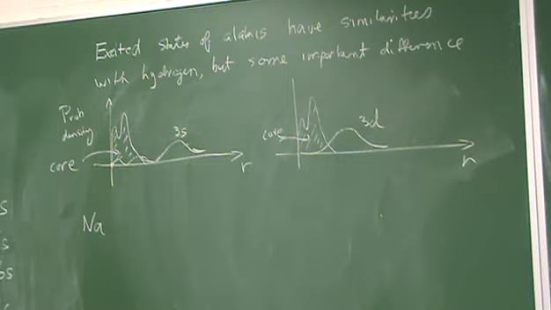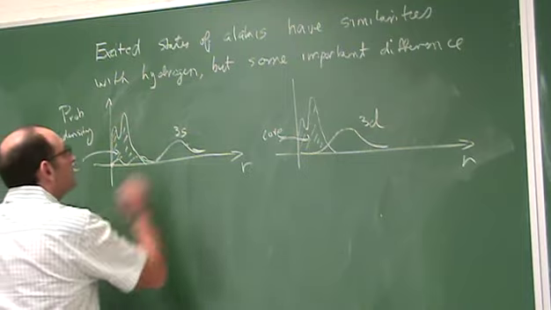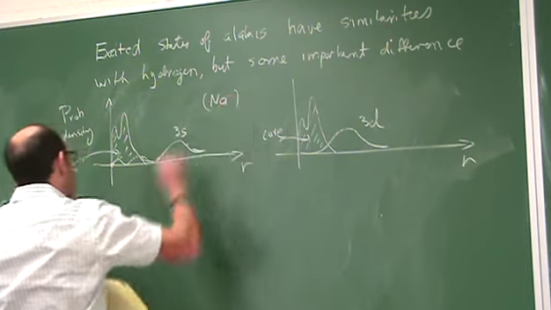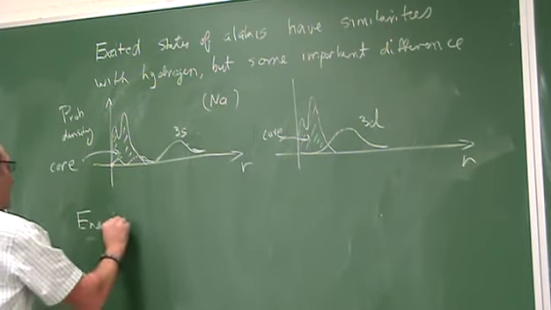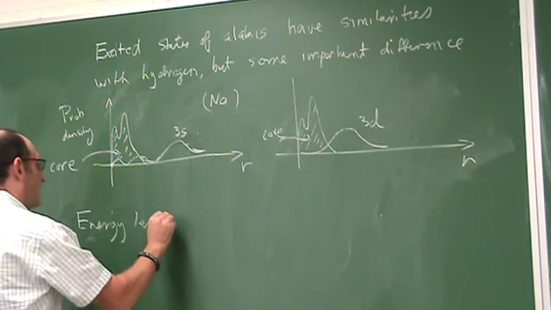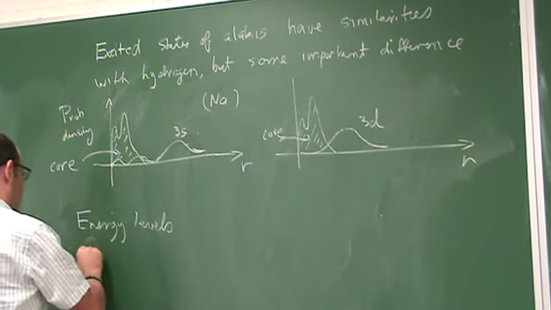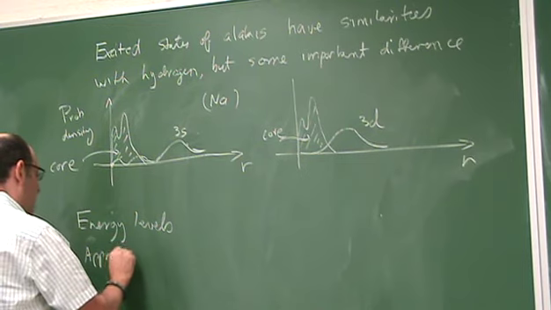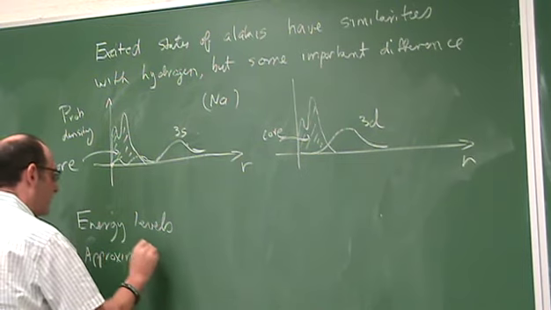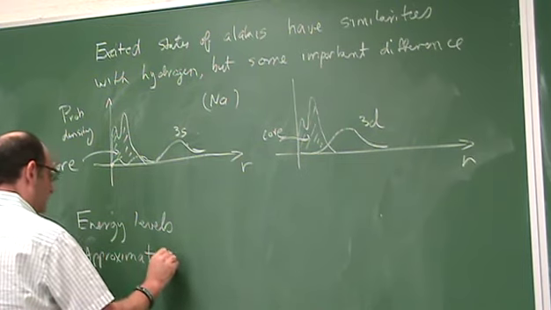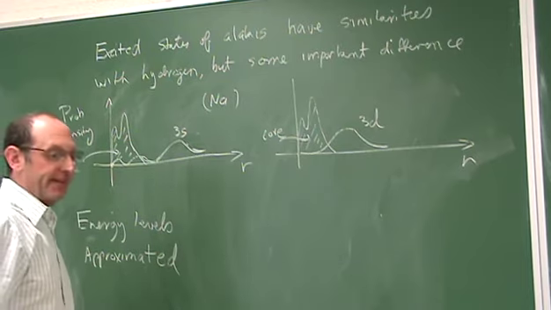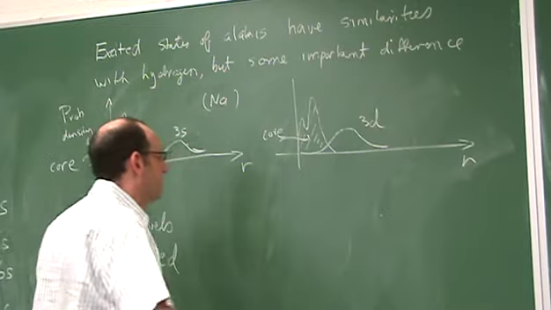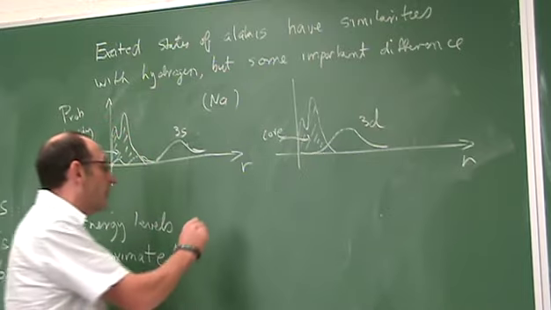It turns out that in the case of alkalis, the energy levels are well approximated by a small modification of the Bohr formula, basically, or the formula that we get exactly out of the Schrödinger equation.